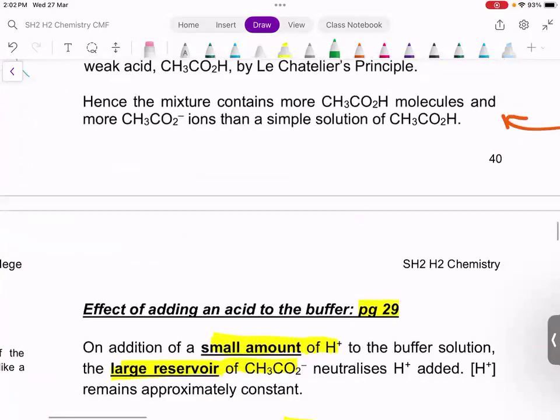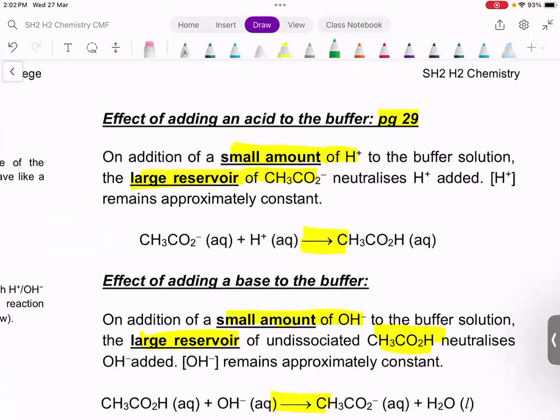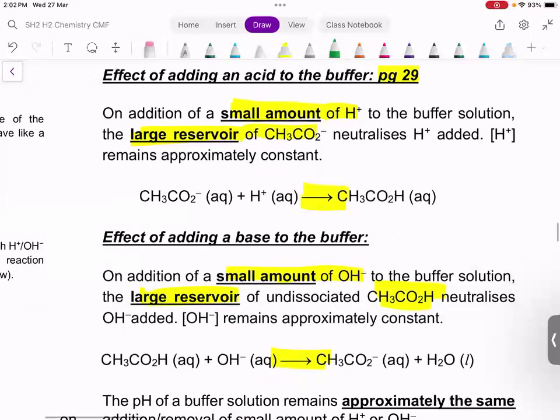Okay, let's move on. So, the effect of adding acid to the buffer. This is the equation that you need to show, because sometimes in A-level questions, they will ask you to write equations to show how this buffer system acts against pH changes. Do notice that the amount of H plus will be completely removed by the large reservoir of the conjugate base.